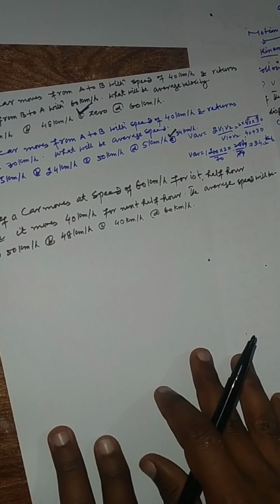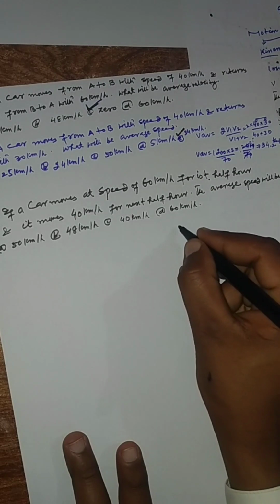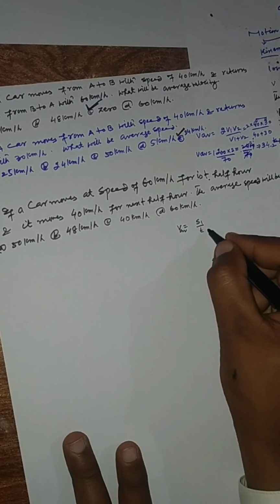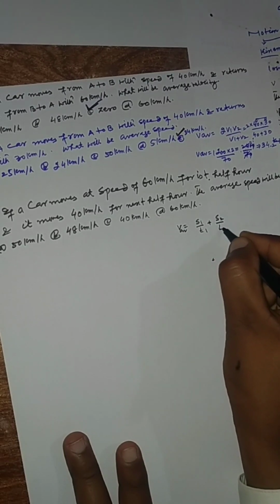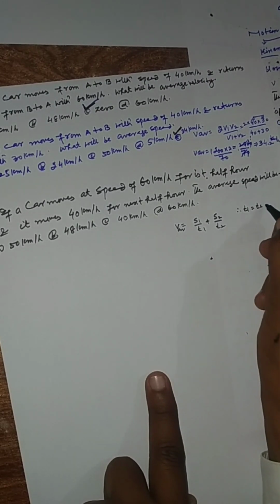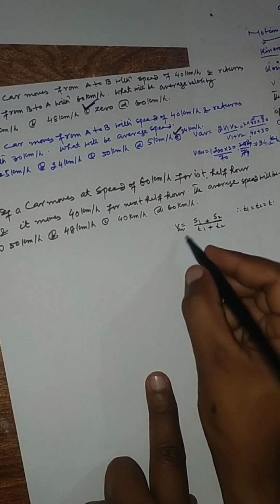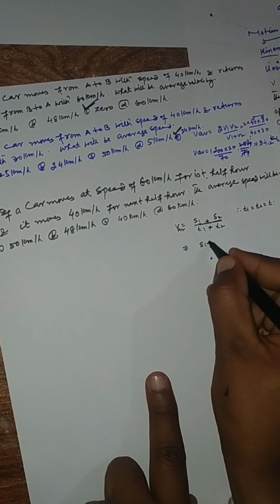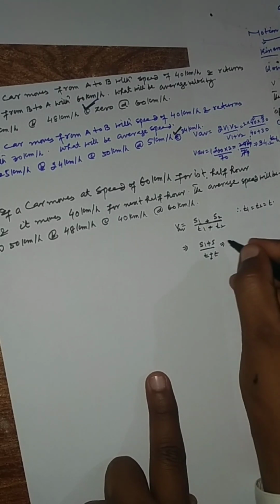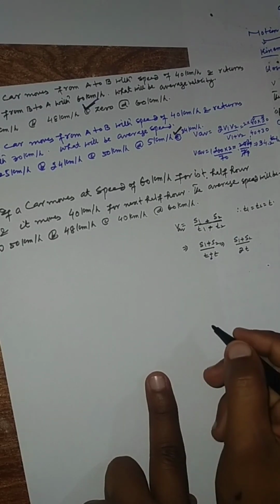First we calculate the formula for this one. Average speed is equal to s1 plus s2 over t1 plus t2. If t1 equals t2 equals t, then the average speed will be s1 plus s2 over t plus t, which equals s1 plus s2 over 2t.